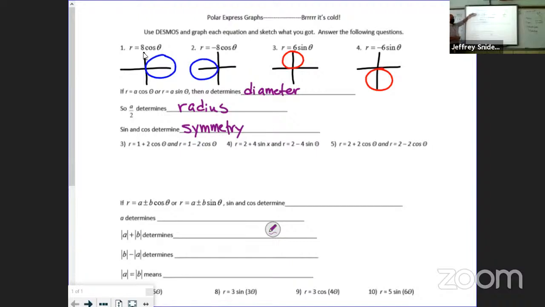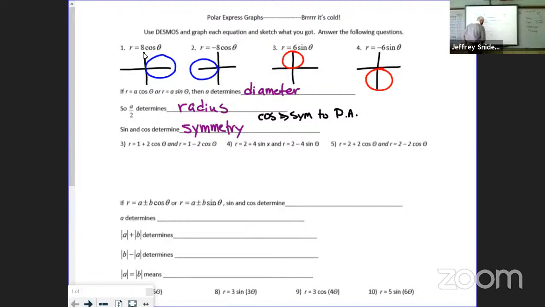On the polar axis, right? So right here for the symmetry, I'm going to write myself a little note. I know that cosine is symmetric to PA, which stands for polar axis.